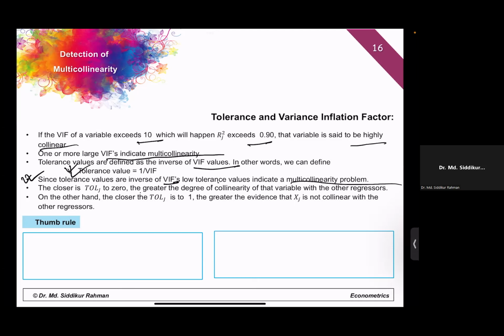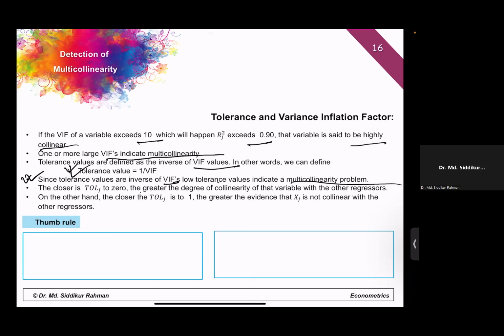But what about the tolerance? A low tolerance value, because you are taking the inverse of the variance inflation factor, right? So when you find a lower tolerance value, then you can say you have a multicollinearity problem in your data set, right? But what are the values then?